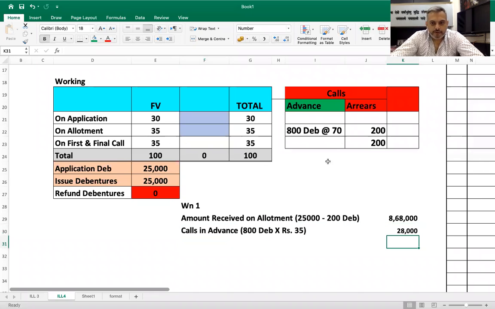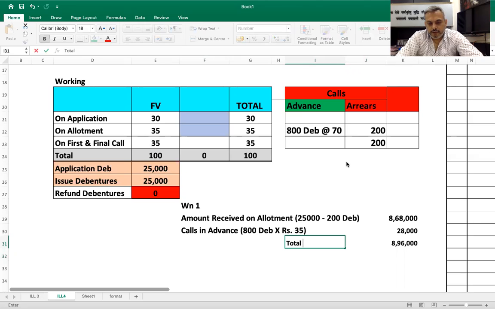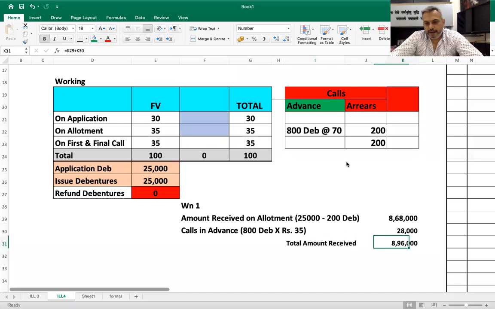So total amount received is 8,96,000. Let me highlight it. This is the total amount we received. Please do this working, rather than doing it in the entry itself, do a separate working.